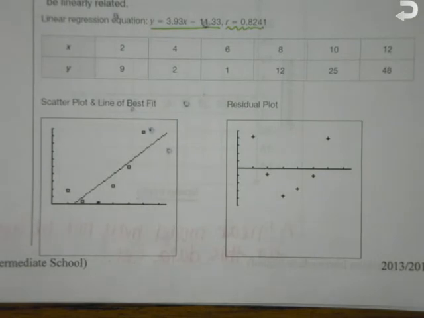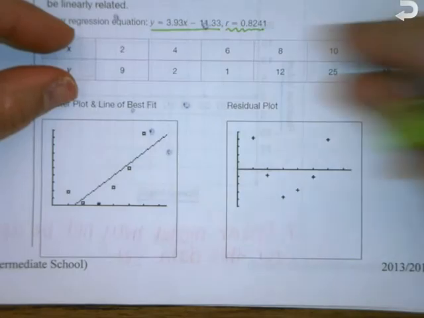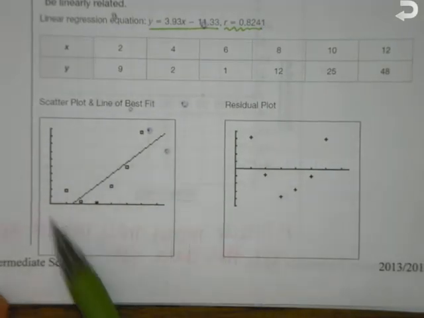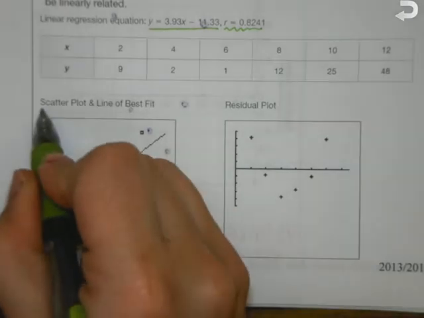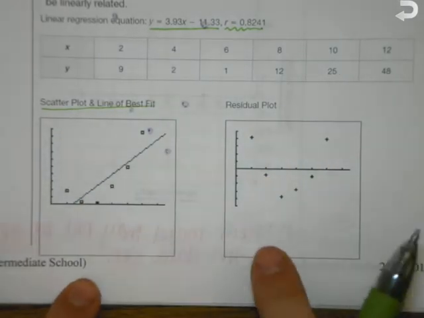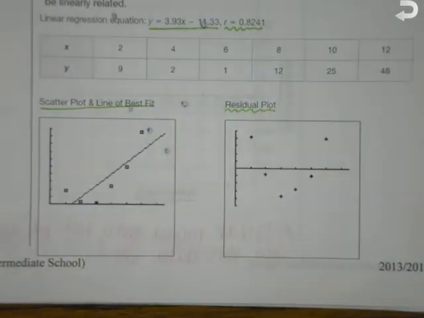That, remember, tells you how tight your data is in a line. So how close is my line of best fit to the data points? And then I give you the actual data points right here. This chart right here is the scatter plot and line of best fit of the data points. And then this one right here is the residual plot. So I give you basically everything that we've been working with so far. So let's look at all of the different pieces.